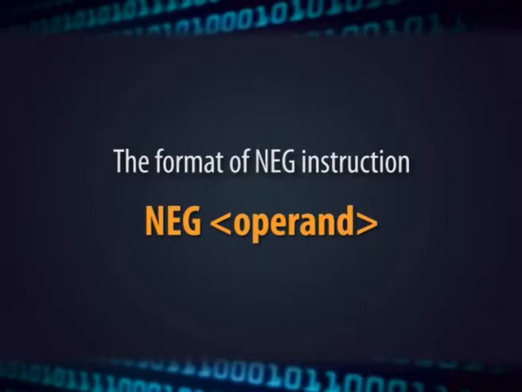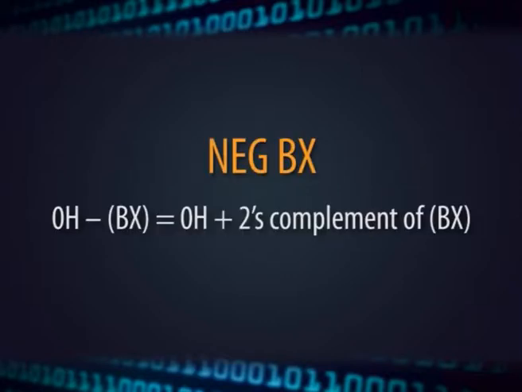The format of the NEG instruction is NEG operand. For example, if the instruction is NEG BX, the computation performed will be 0 - BX. That means 0 - BX is replaced by the 2's complement of BX: complement all the bits of BX and add 1 to it, and that is the result of the NEG BX instruction.